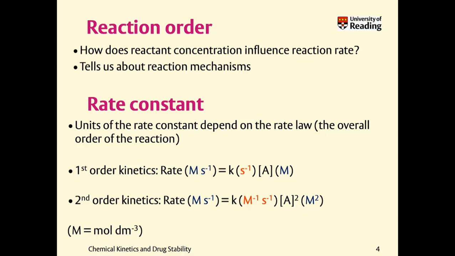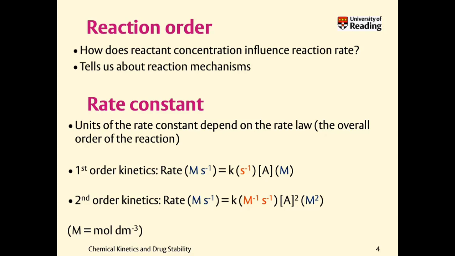If we have a second order kinetics reaction, then we'll have the rate equals K times reactants, but this time to the power of 2. The n plus m, if there are 2 reactants, would equal 2. So the overall order of this reaction is 2.